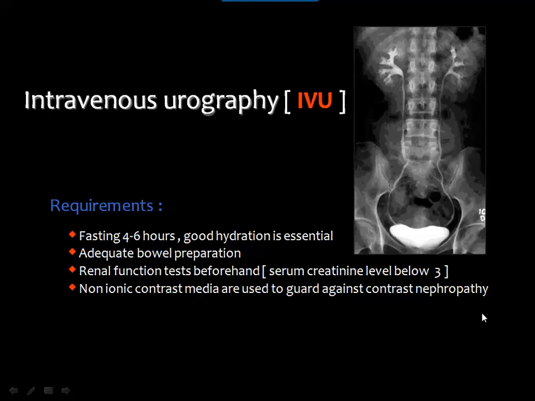Then before injecting contrast media, which are usually excreted by the kidney, you should have information about the renal function, particularly the serum creatinine level. Normally the serum creatinine level is about 1, but we may inject the patient with contrast up to a creatinine level of 3, provided that you are using non-ionic contrast medium.